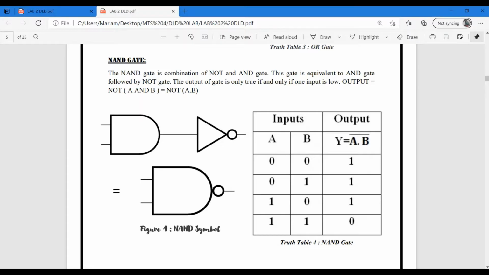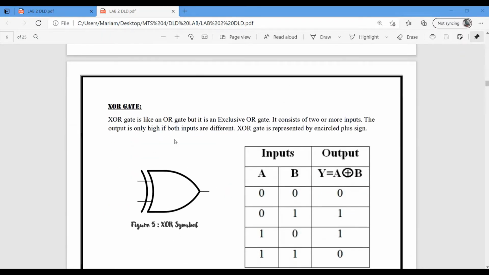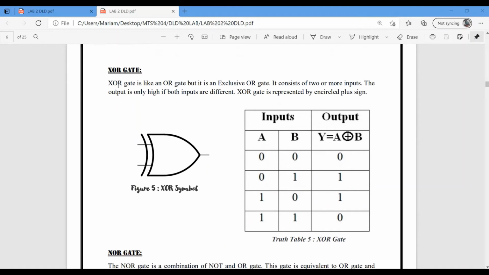Let's get into the next gate, XOR. This is the exclusive OR gate. It consists of two inputs, and its IC, which is 7486, contains 4 XOR gates inside it.